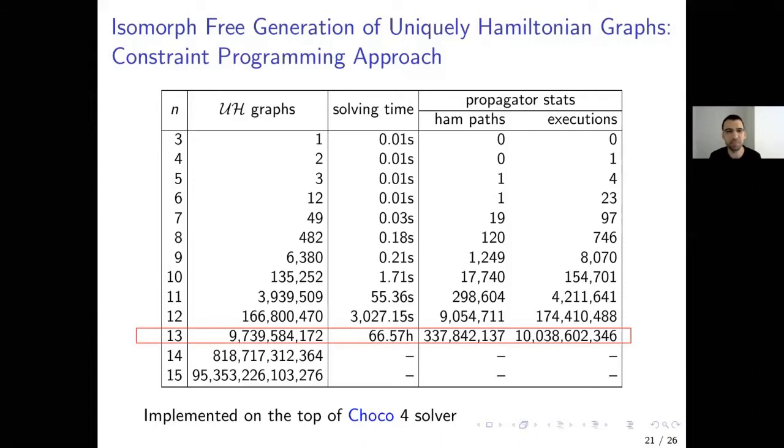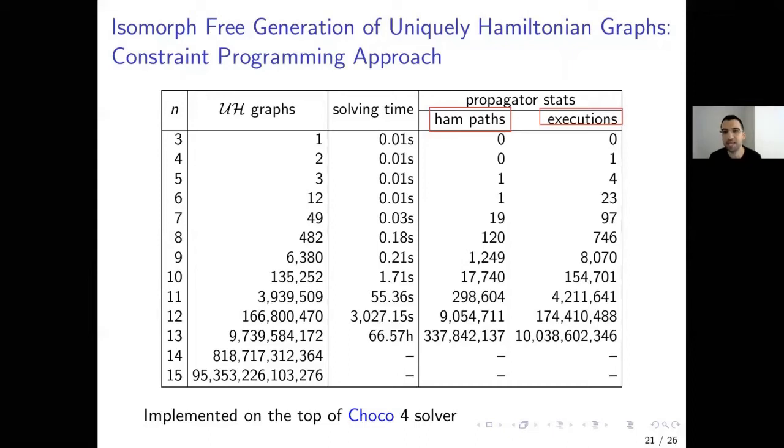So let's look at a specific case, when the size of the graph is 13. To generate the 9.7 billion solutions, it takes our implementation about 2.5 days. And now we can move on again to the propagator stats. The propagator statistics indicate how many times the propagator was invoked, and also the total number of Hamiltonian paths that were encountered during all executions together.